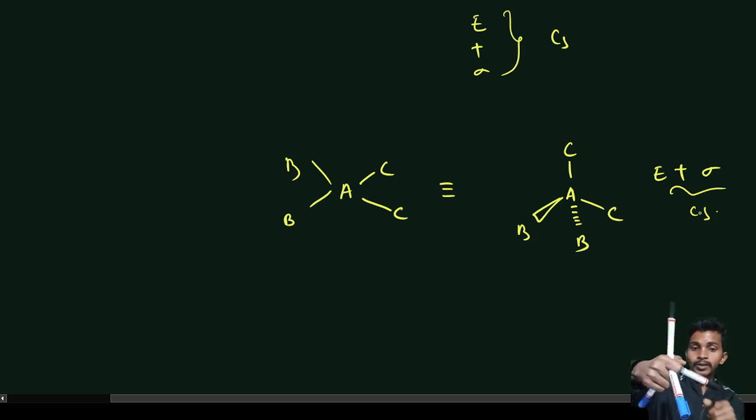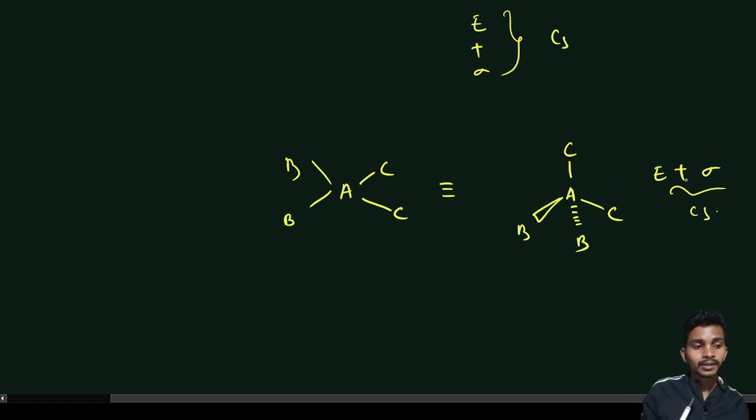C3 is not there because these three are different, and C2 means 180 degree. If I rotate 180 degrees, these are same but this one makes a problem. So C2 is also not there, C3 is not there, C4 is not there because these are different, and C5 is not possible.